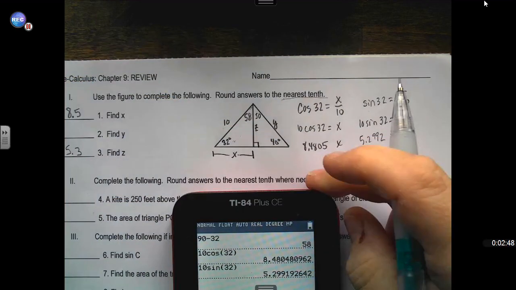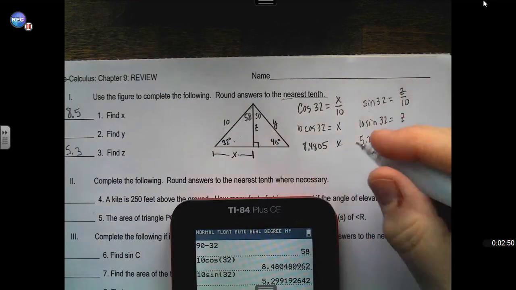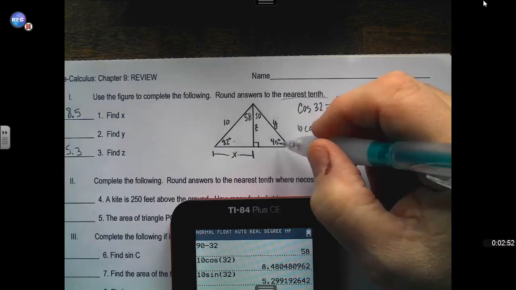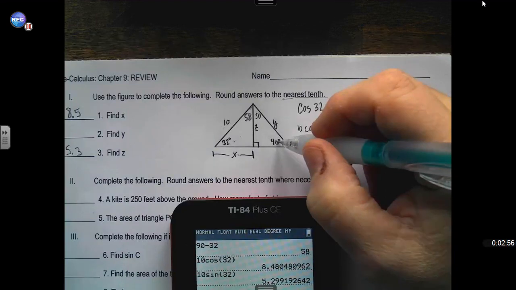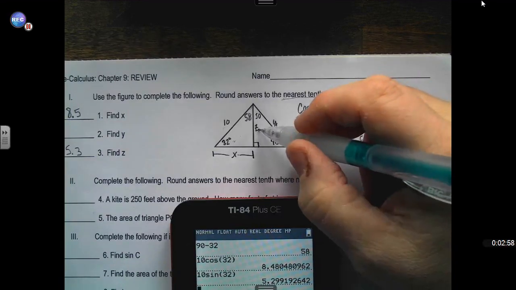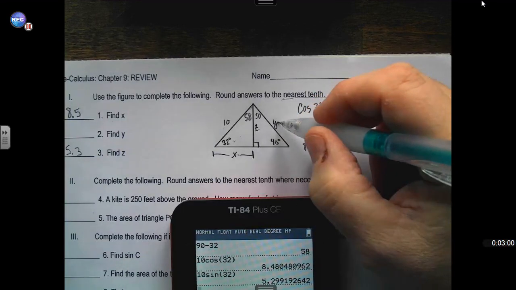Okay, now I can find Y. Again, I'll use this 40-degree angle that was given, and I'll use Z, and then I'll use Y as the hypotenuse.